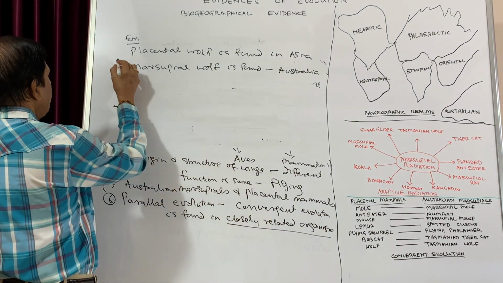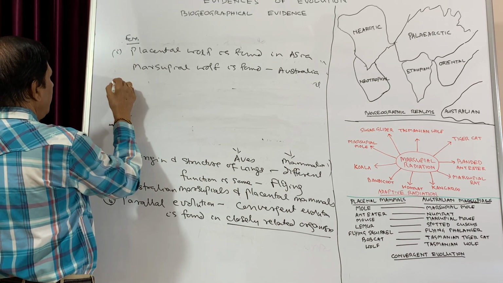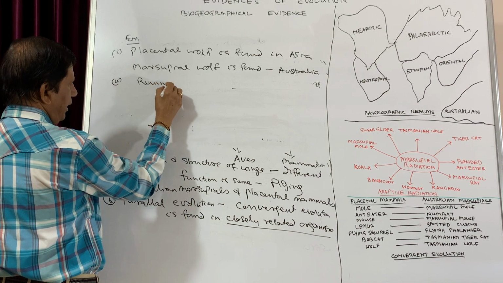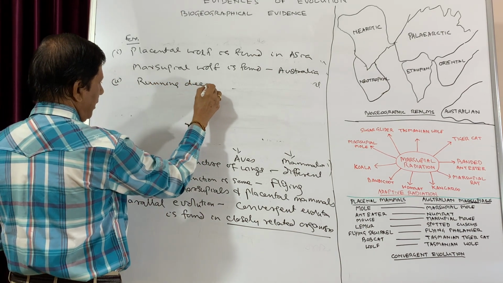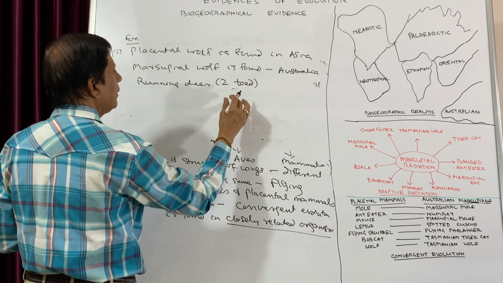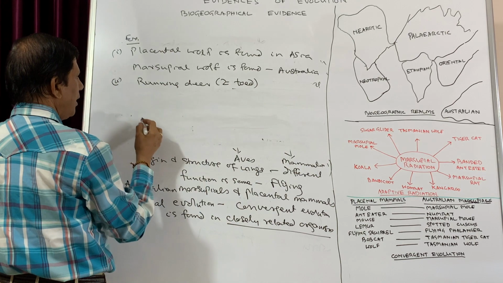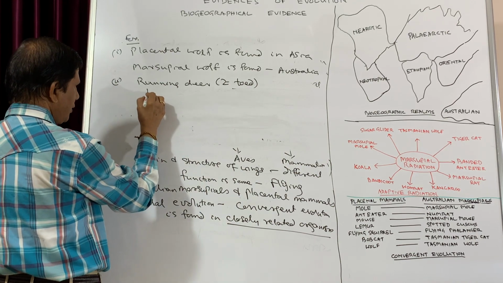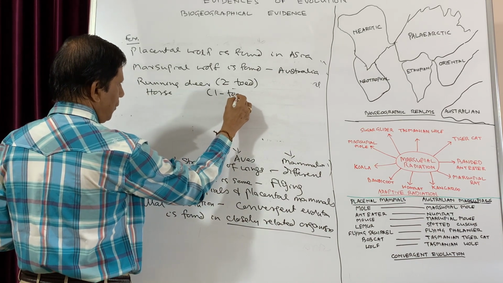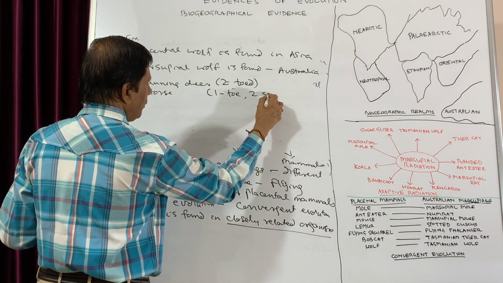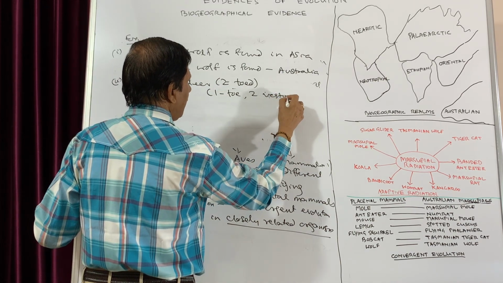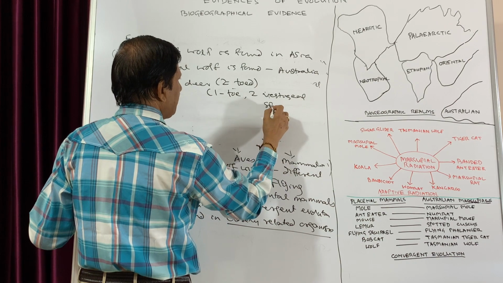Then we can take a second example. The second example is that of the running deer, which is two-toed, and that of the horse, which has a single toe and two vestigial splint bones.